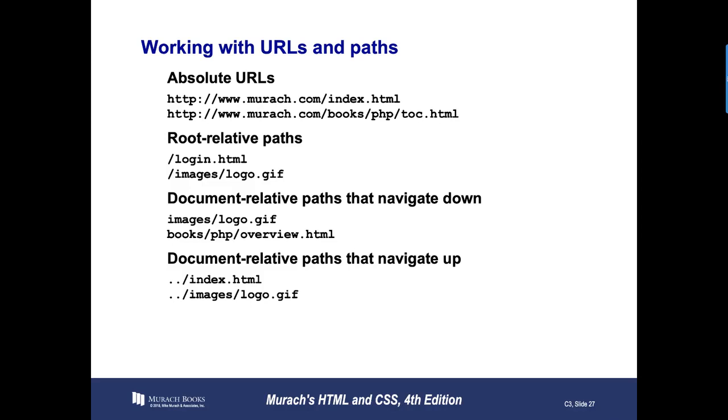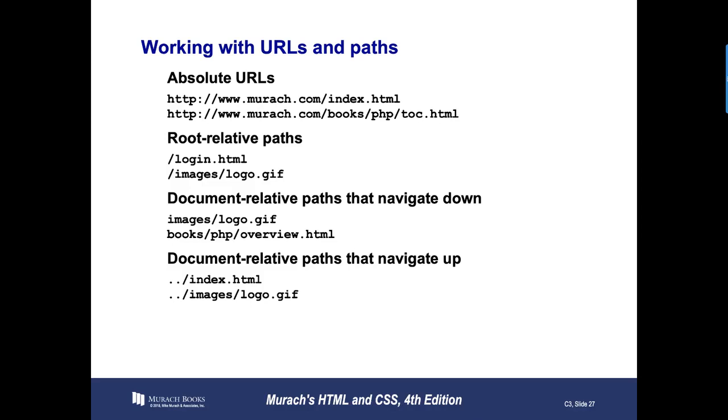So those are absolute because they absolutely point to something on the internet. And you won't use absolute URLs to reference things on your own website. You'll use relative or root relative type of paths. Okay, so you'll get to know that as you do the assignments for this week.